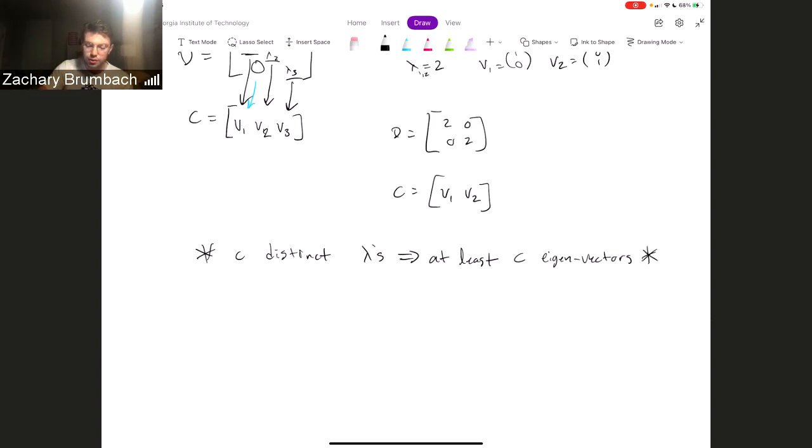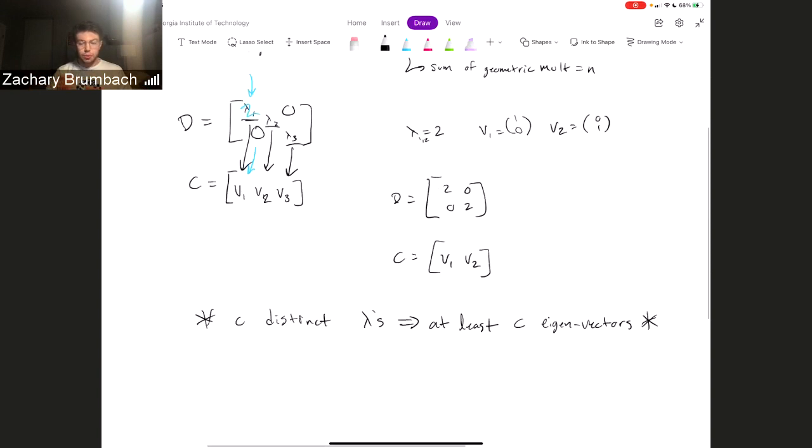Lambda is technically not the term to use, but I'm just calling that in terms of eigenvalue. This is really important. If you have a repeated 2, in this case we had an algebraic multiplicity of 2, so we have one distinct eigenvalue, which is 2, so we have at least one distinct eigenvector. If we had a lambda equals 2 and a lambda equals 3, then we have two distinct eigenvalues, and that means we have at least two distinct eigenvectors, and then you automatically know that it's diagonalizable.